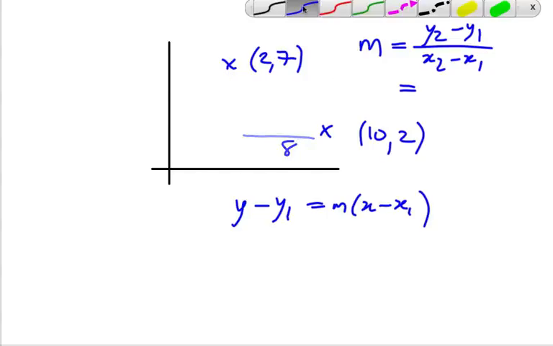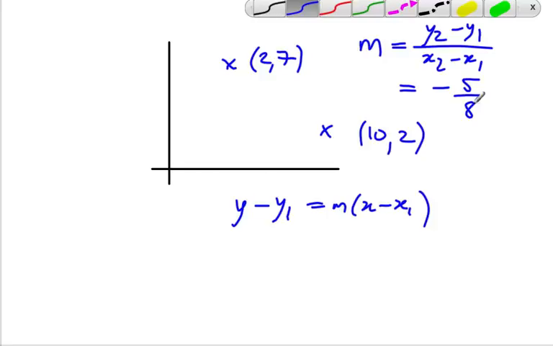So -5/8 is our gradient. So therefore, which one are we going to use for our point to go with it? Does it matter? Shouldn't matter because a line of -5/8 going through that top point is going to go through the bottom point and vice versa.